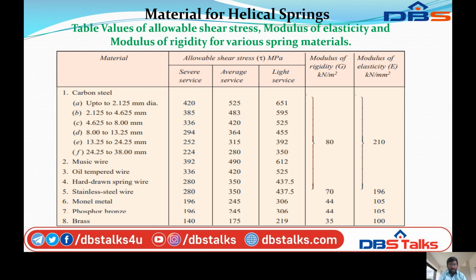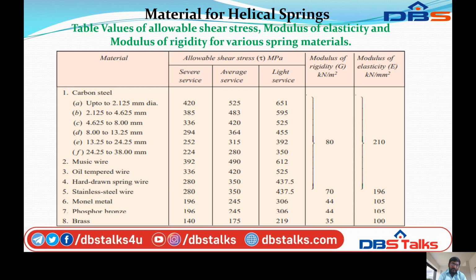The table is given by type of material, allowable shear stress, modulus of rigidity G, and modulus of elasticity E. It has materials for three stages of service: severe service, average service, and light service.